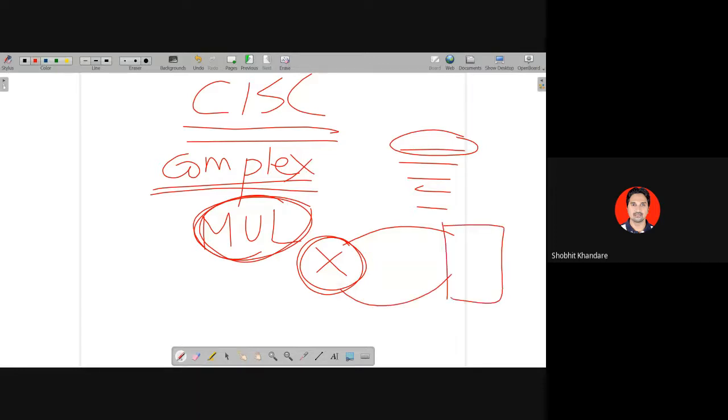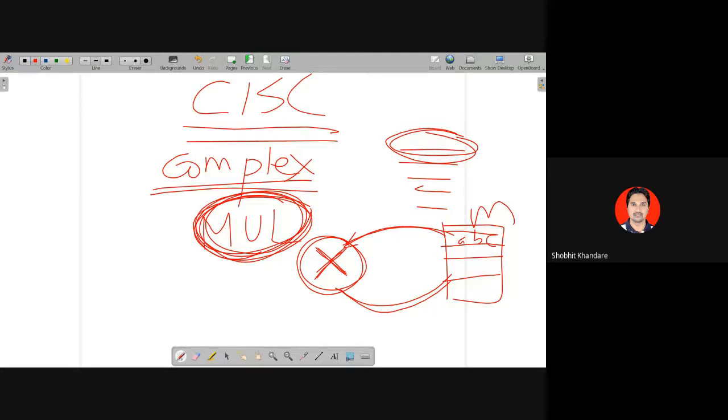So ये memory आपकी है, आपका डेटा यहाँ पे है ABC. ये डेटा मेमोरी में से लेके ALU में लाना, ALU में ऑपरेशन करना, ऑपरेशन करने के बाद जो कुछ रिजल्ट है वो मेमोरी में डालना. Everything is done by a single instruction. That is why it is called a complex instruction. Complex instruction set computer. Now, please correlate with the RISC.